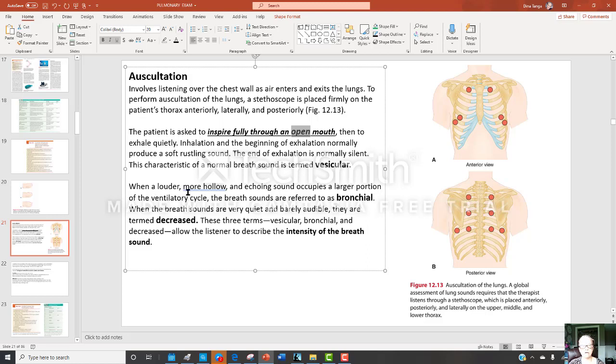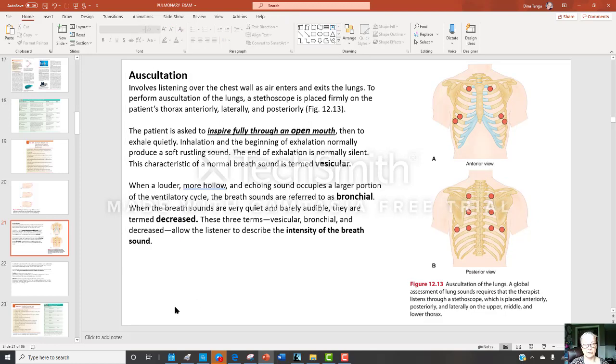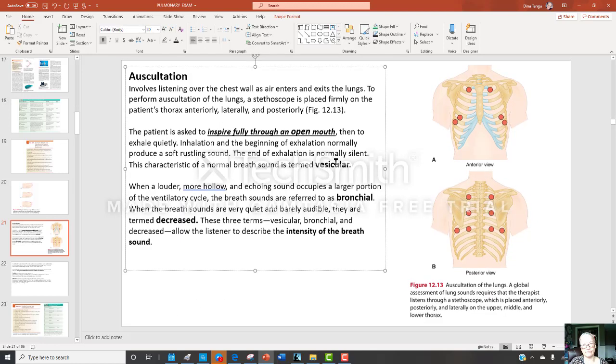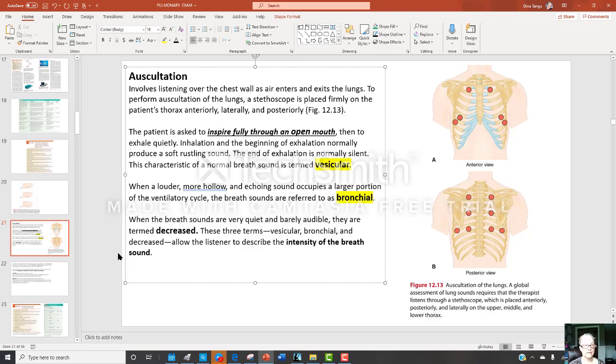When a louder, more hollow and echoing sound occupies a larger portion of the ventilatory cycle, the breath sounds are referred to as bronchial. When the breath sounds are very quiet and barely audible, they are termed decreased.